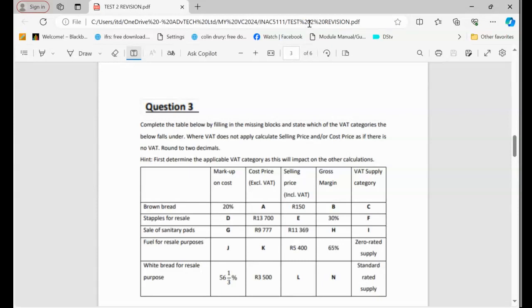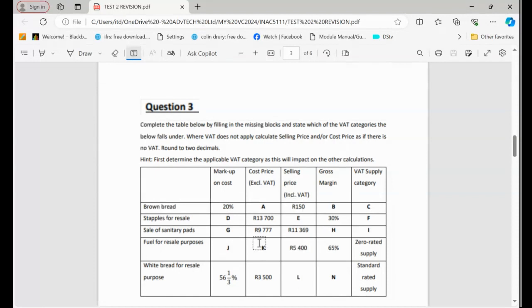Round to 2 decimals. Hint: first determine the applicable VAT category, as this will impact on the other calculations. Even though they did not specify that you need to decide on the last column, you need to start there, because this will give an idea of how you are going to approach your calculations.